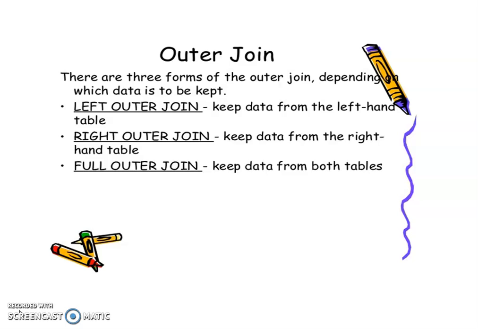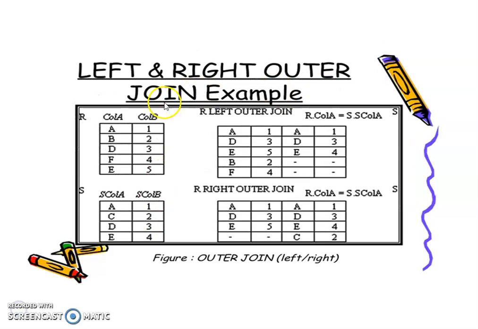So there are three different forms of outer join depending on which data is to be kept: first left outer join, second right outer join, and third full outer join. In left outer join, keep the data from the left hand side. In right outer join, keep the data from the right hand table, and in full outer join, keep the data from both the tables.